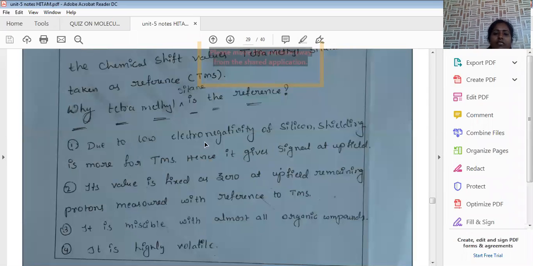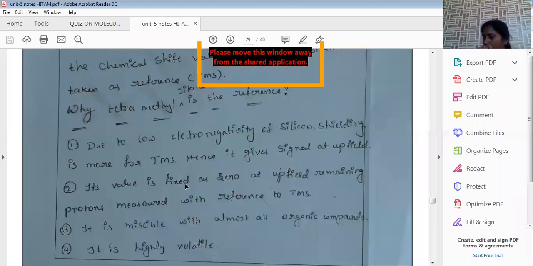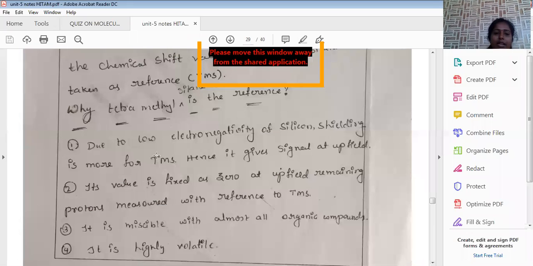This is the fundamental factor for high field delta values being obtained. Greater the electronegativity, values are shifted towards downfield. Lesser the electronegativity, values are shifted towards upfield.